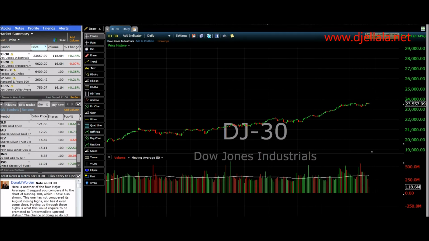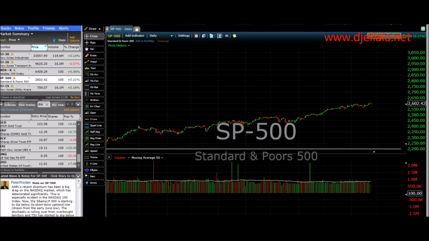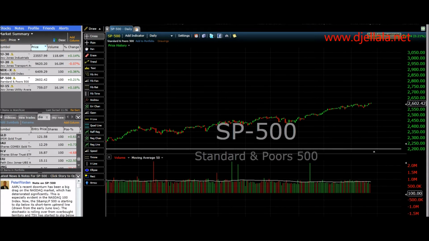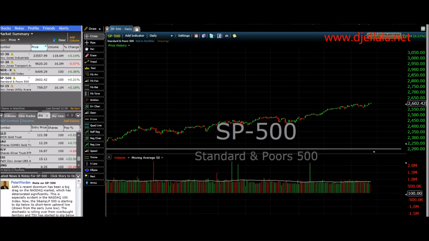As you might know, there are 30 stocks in this Dow Jones. This is the index only. You can find the S&P 500. This is the S&P 500. You can see whatever index you can add, because there are a lot.